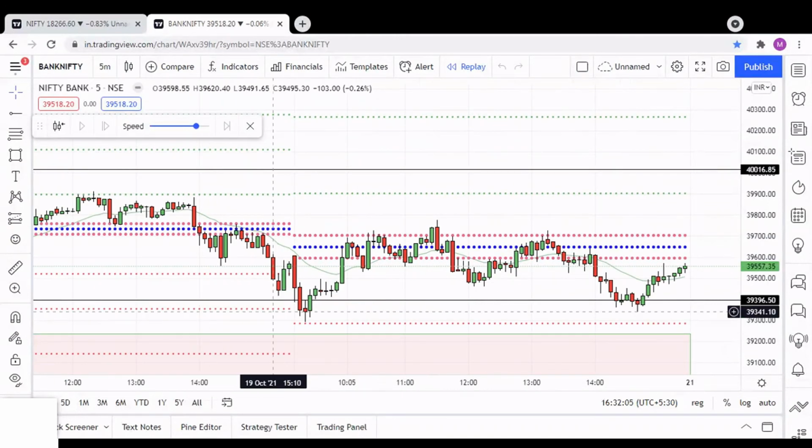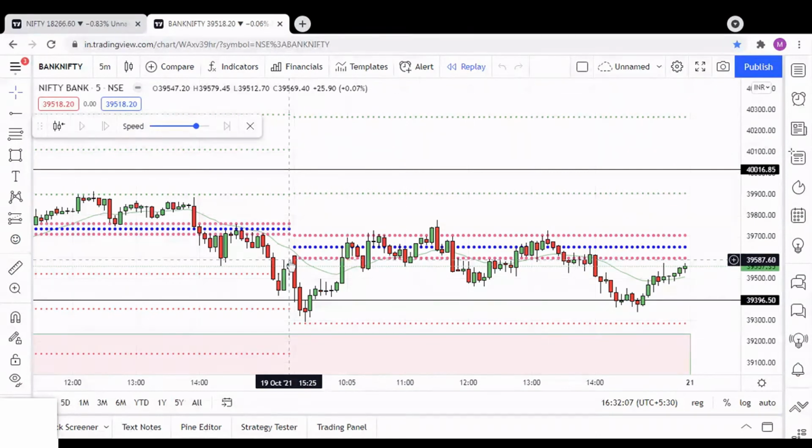Okay, like Nifty, Bank Nifty also opened slightly gap up, just 10 points or something, with a red candle. This red candle opened inside the CPR and closed below the CPR.